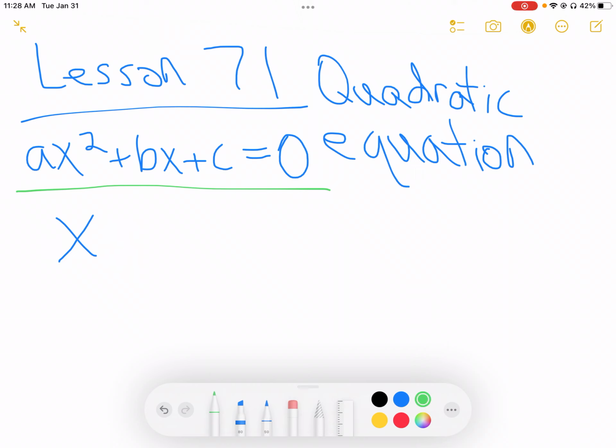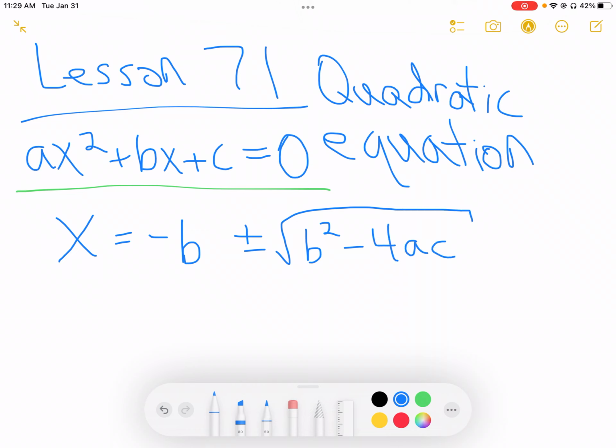Yes, it will. So x equals minus b plus or minus the square root of b squared minus 4 times a times c, all still under a square root symbol, and then it's divided by 2 times that a term.